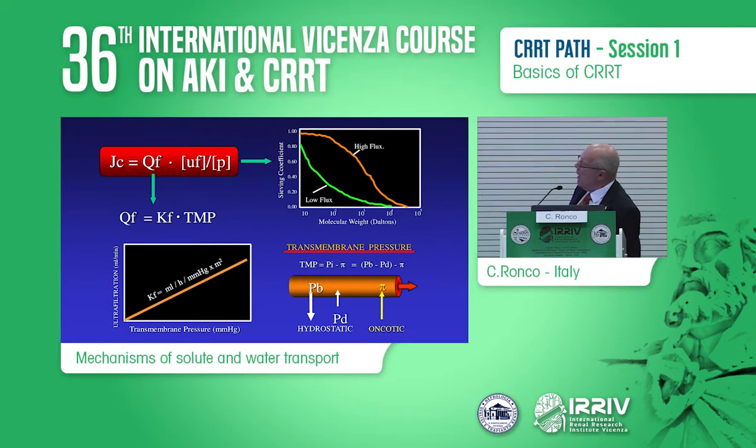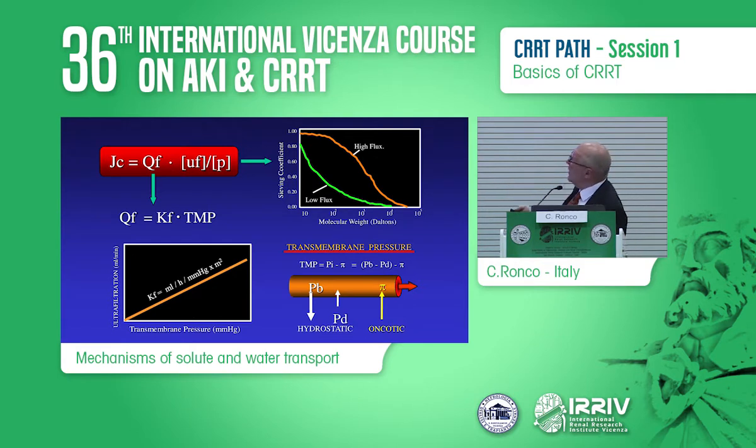And this line describes the KF, the permeability coefficient, which basically depends on this transmembrane pressure based on hydraulic pressure and oncotic pressure, the typical Starling forces.